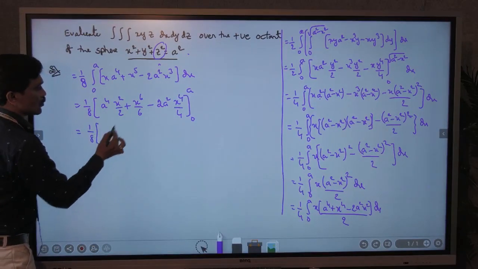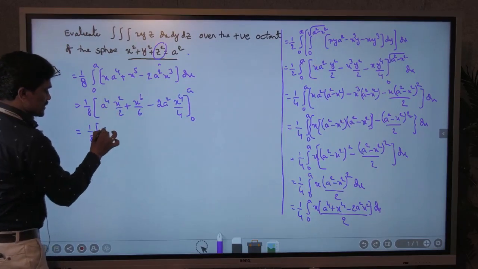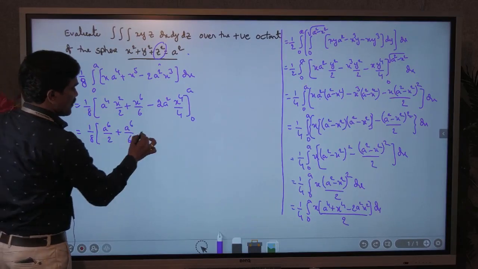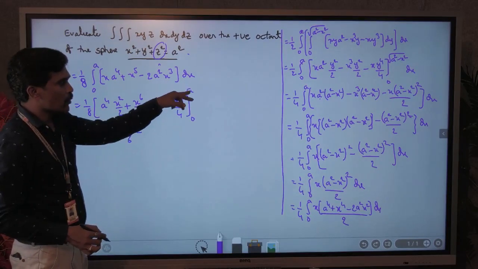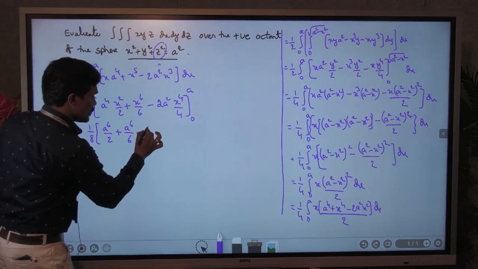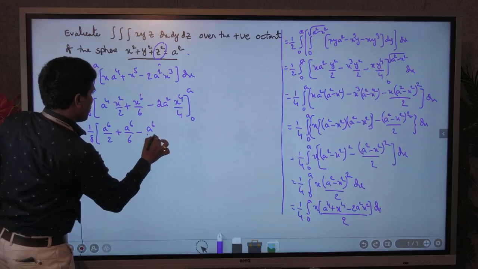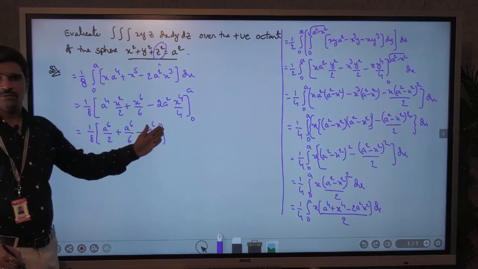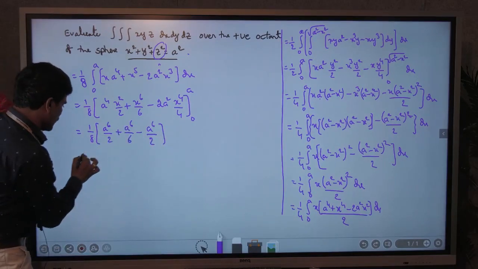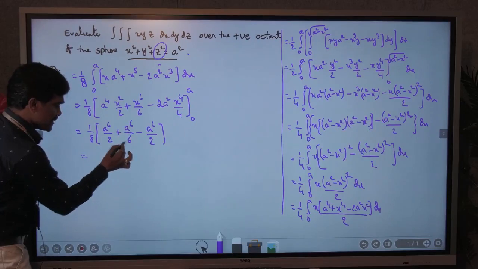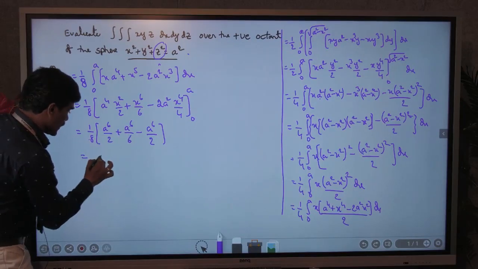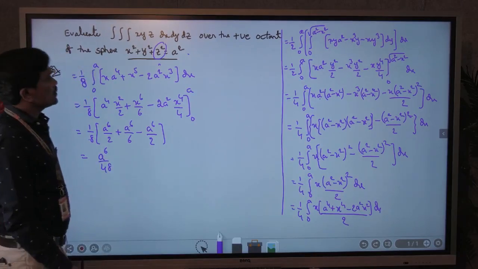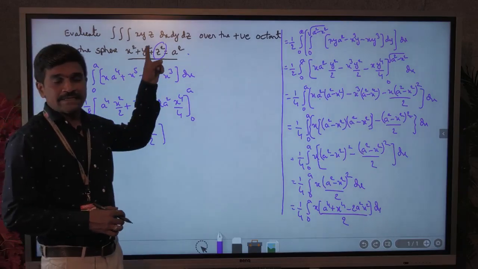So 1 by 8 into a power 6 by 2 plus a power 6 by 6 minus 2a square into a power 4 by 4, so a power 6 by 2, right? Now a power 6 by 2 and a power 6 by 2 cancel. So finally we get a power 6 by 6 into 1 by 8, 6 into 8 is 48. So the answer is a power 6 by 48. So this is the solution for the given integral, right?